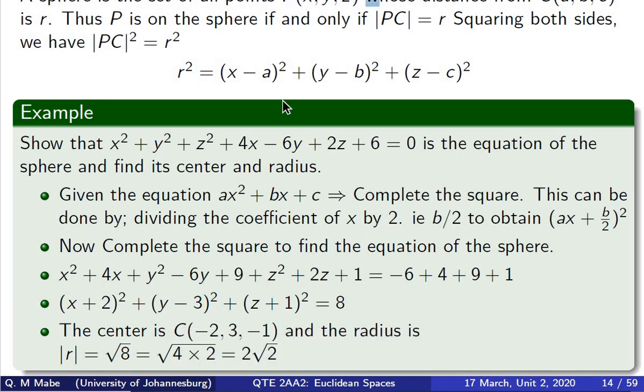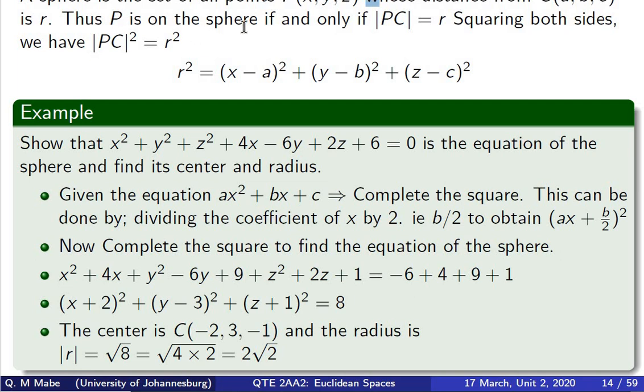So what we're doing here is to find the equation of a sphere. So in R3, the distance between any point that lies on the sphere and the center will always be smaller or equal to r.